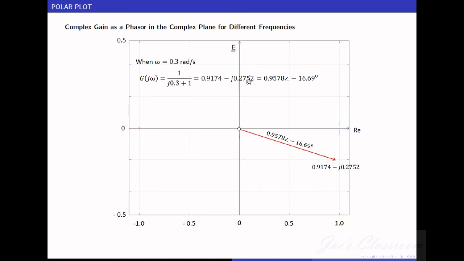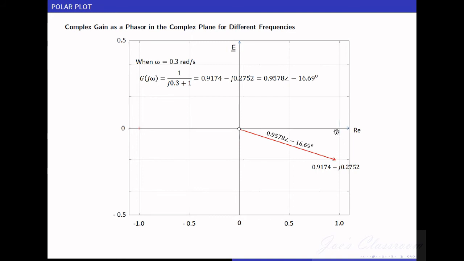When I did, I get this complex number. If I simplify, this is what I will get. So again, I can represent this complex number on a complex plane. Please note that this is the real axis and the vertical axis is the imaginary axis. So this complex number has got a real part of 0.9174 somewhere here, and the imaginary part is minus 0.2752.